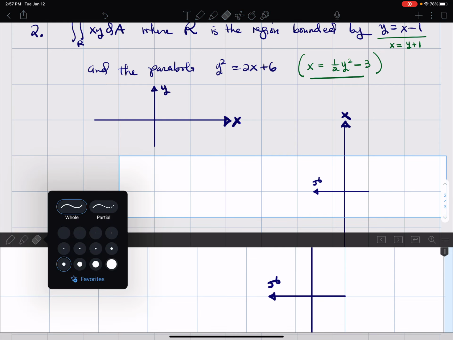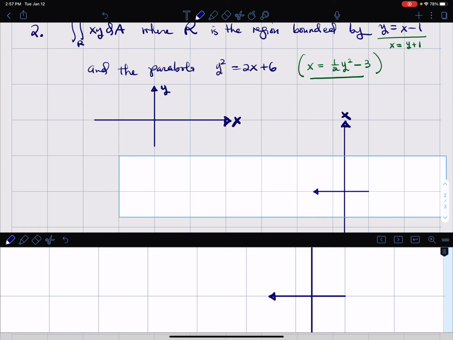I'm going to make this the positive y-axis. So if you want to sketch the graph x equals 1/2 y squared minus 3, you can think of the vertical axis as the x-axis and the horizontal axis as the y-axis.